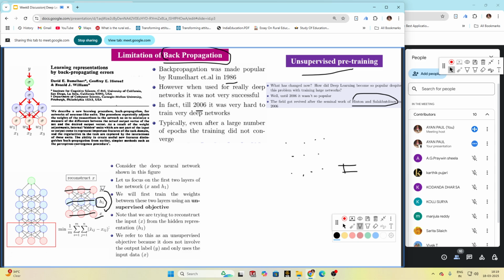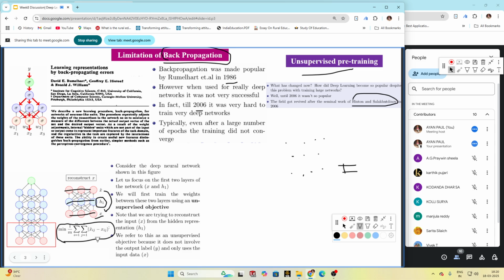So x cap will learn the representation of x by the help of the h1 layer. Our objective is to minimize the loss function. If we minimize the loss function, then the weights associated with the layers that you are seeing will be learned. So this is unsupervised pre-training.